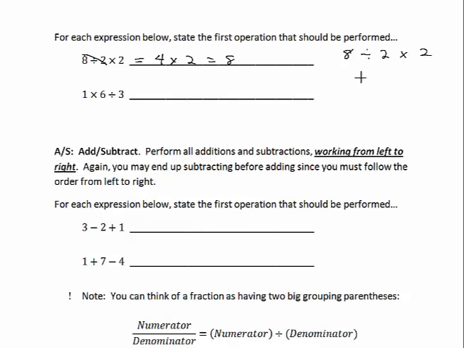Then this 8 divide would just sit off to the side, and we would do 2 times 2 first and get a 4, and then finishing with the last operation, 8 divided by 4, we'd get a 2. Doesn't work out to be the same number. We followed a different order and got a different number. That happens a lot if you do not follow the order of operations. So this is wrong.